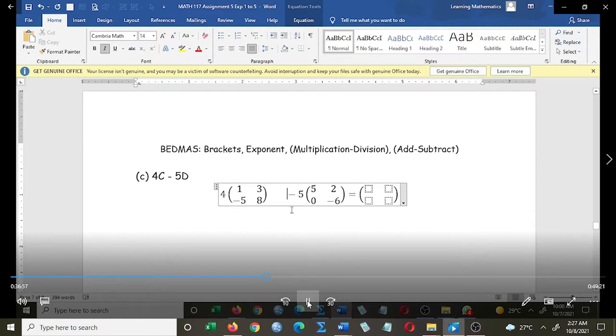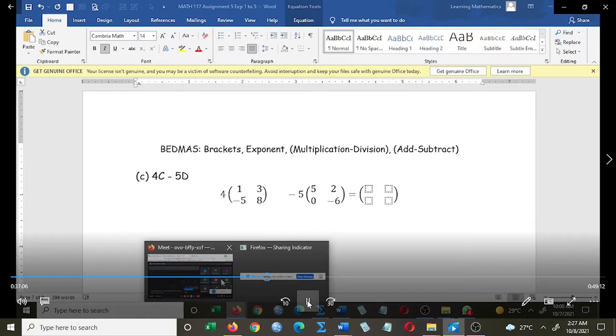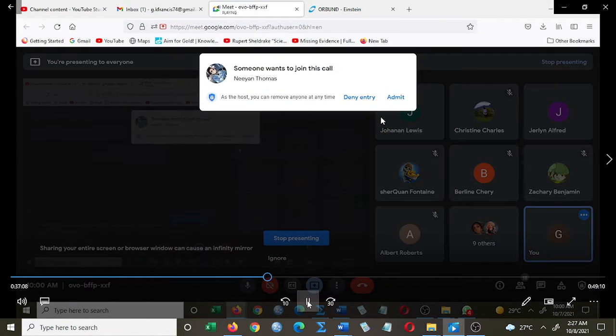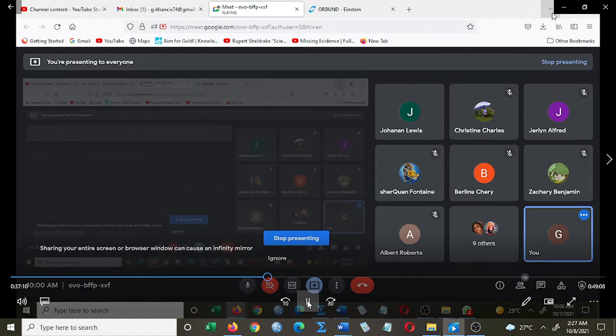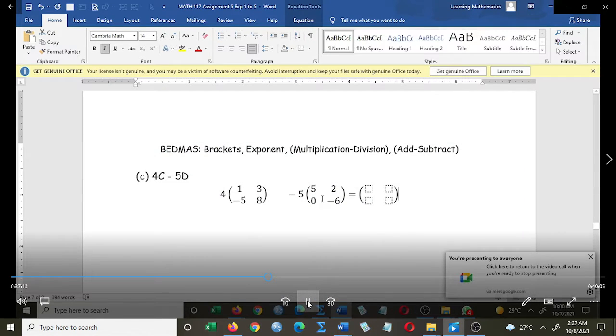We have to do the multiplication before we can do the subtraction.